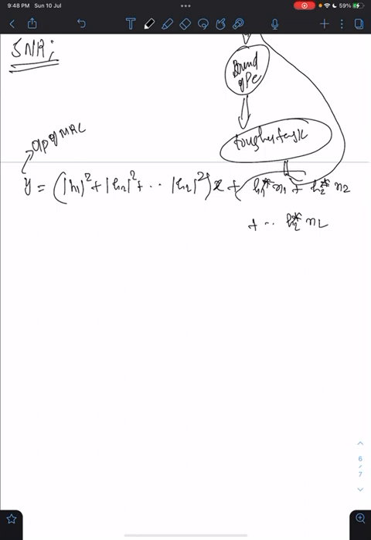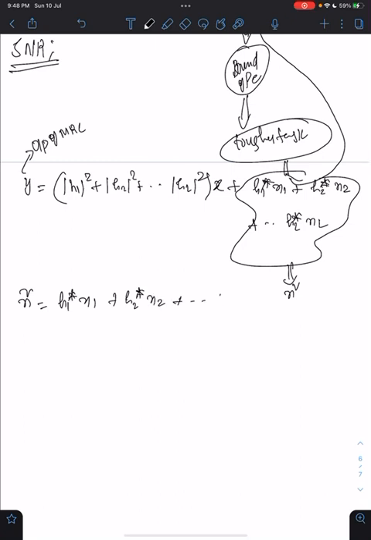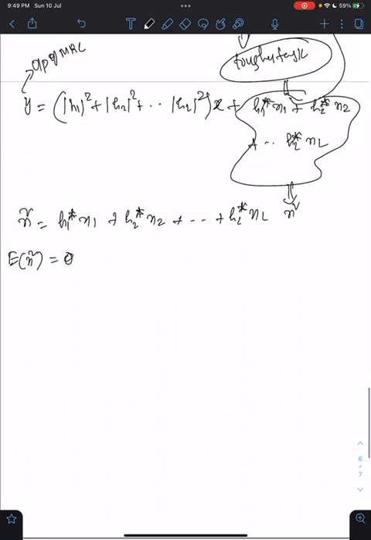Call this whole noise term n tilde, which equals h1 star n1 plus h2 star n2, so on, hl star nl. So expectation of n tilde is 0 because expectation is linear. We know h, so it's no longer a random variable, and expectation of n1 plus expectation of n2, everything boils down to 0.